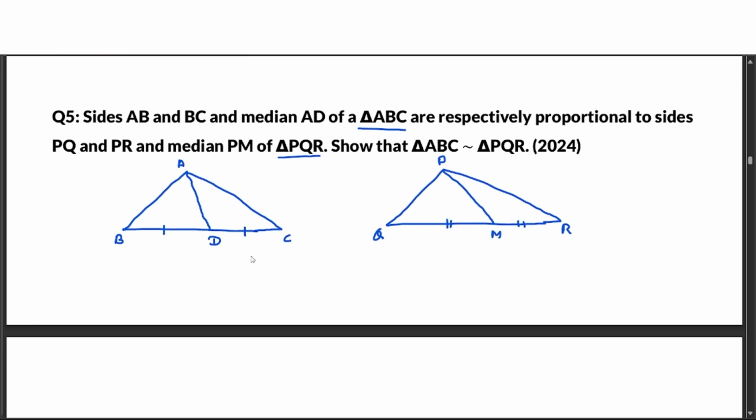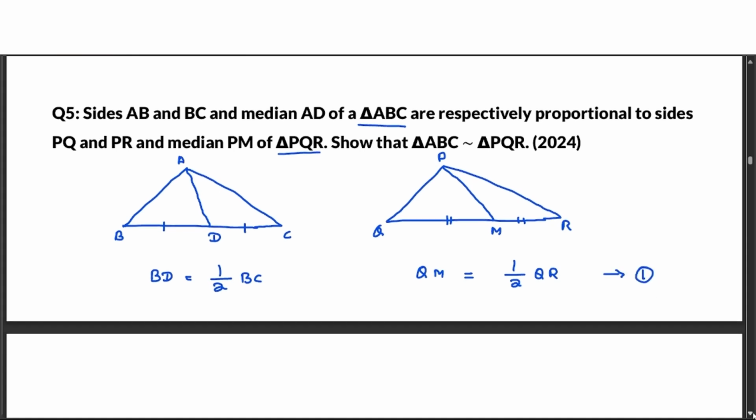So from that, you can say here BD is equal to 1/2 of BC, and same way QM is equal to 1/2 QR. Okay, so this you can take as equation 1.